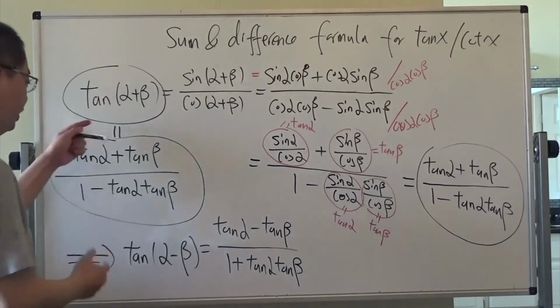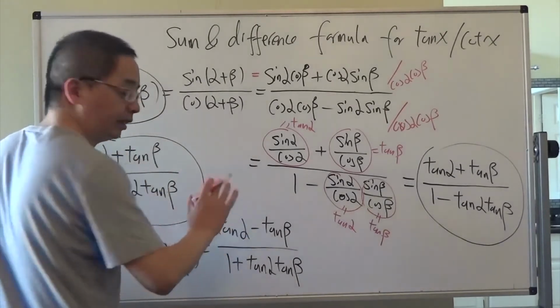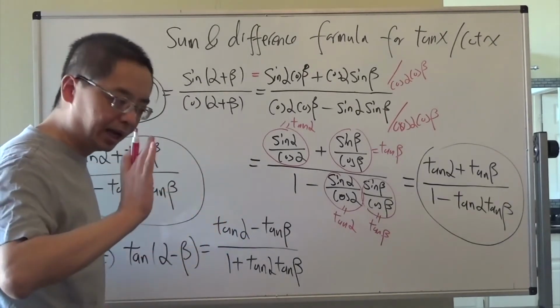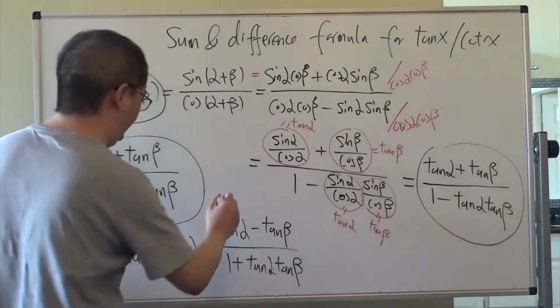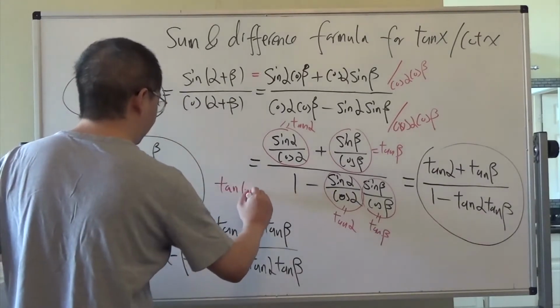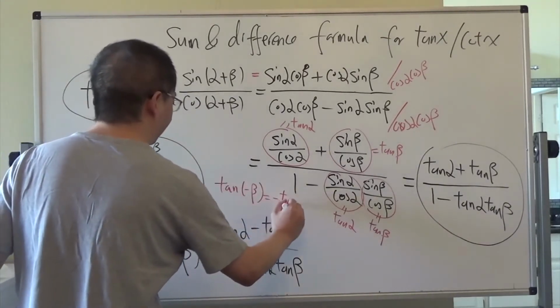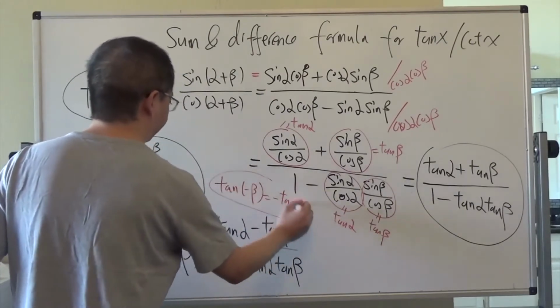From here to here, we just use the property that the tangent function is an odd function. We just use tangent negative beta is negative tangent beta.